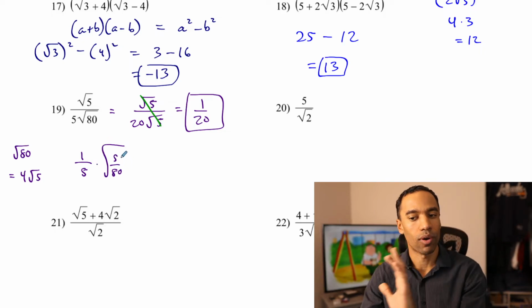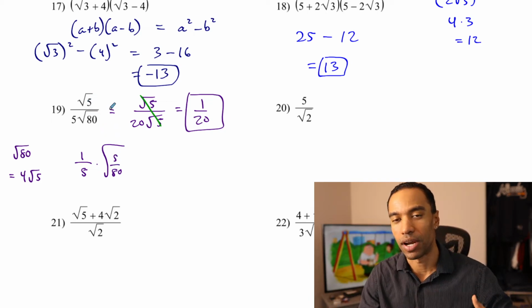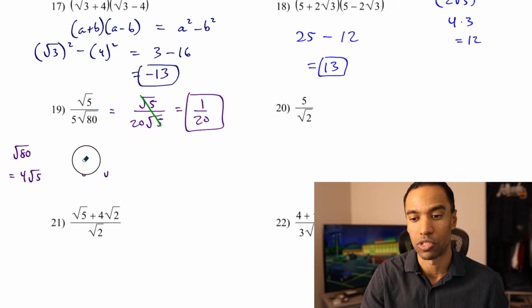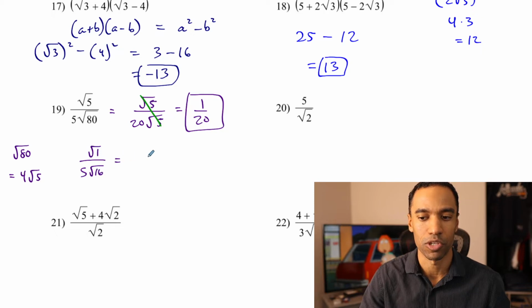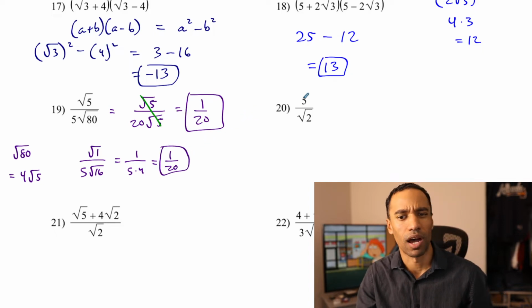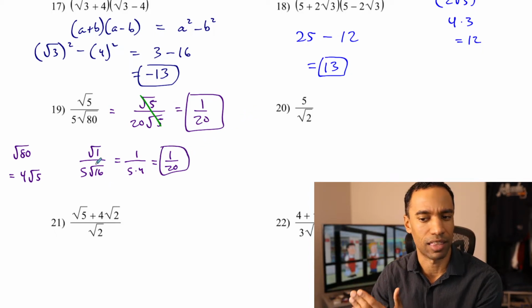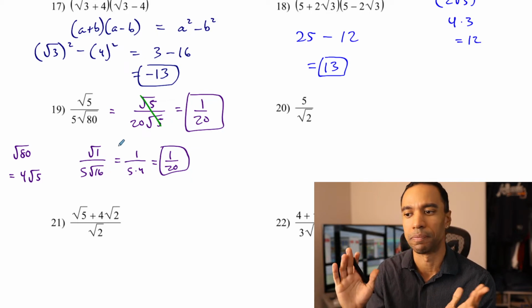And you don't have to write it that way, but I want to express that I could have divided these. 5 over 80 can reduce to, I guess, 1 over 16, right? So this could have been root 1 over 5 times root 16. The square root of 1 is 1, square root of 16 is 4. And once again, we get 1/20. I probably wouldn't go that way. That doesn't really help contribute to the fact that if this wasn't a perfect square, I'd have to rationalize it. I'd rather simplify if I could.